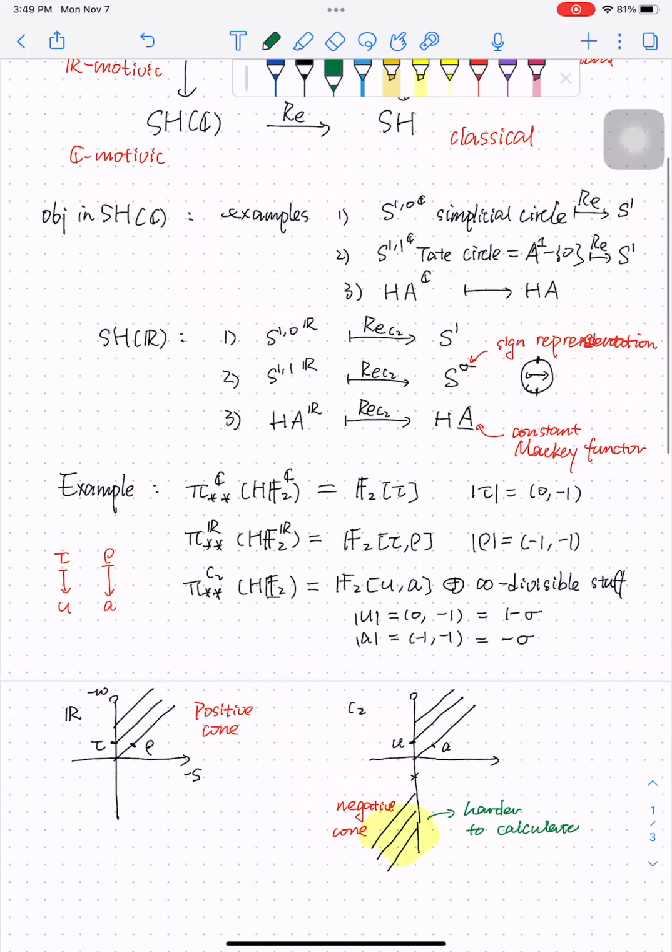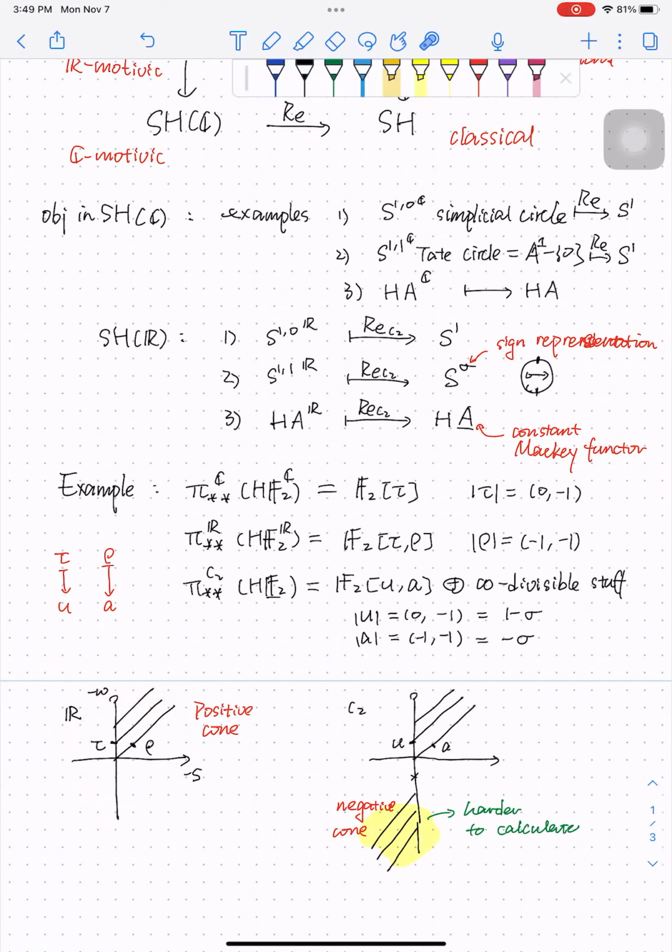One advantage of working in the R-motivic category instead of the C2 equivariant category is that in this example, you have a better description of the homotopy groups of Eilenberg-MacLane. In the R-motivic category, things are usually easier to calculate.